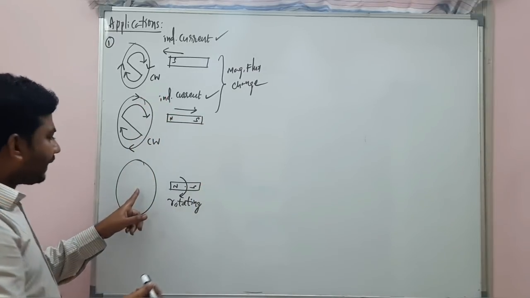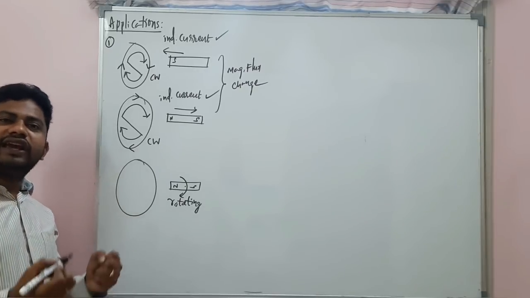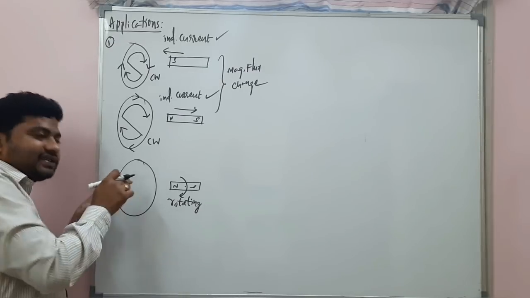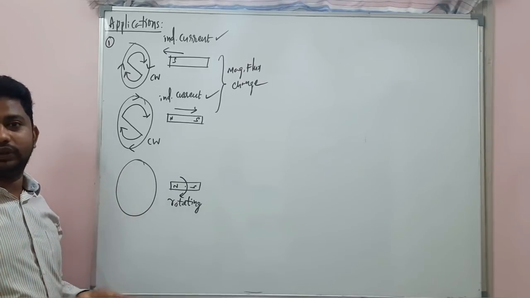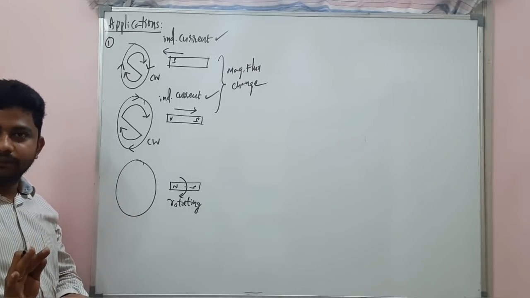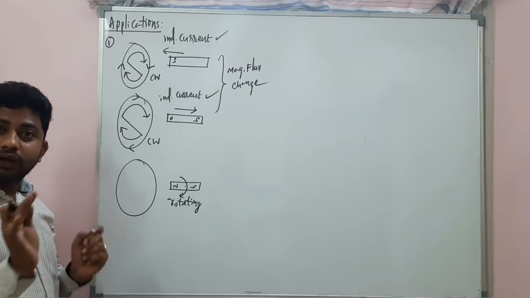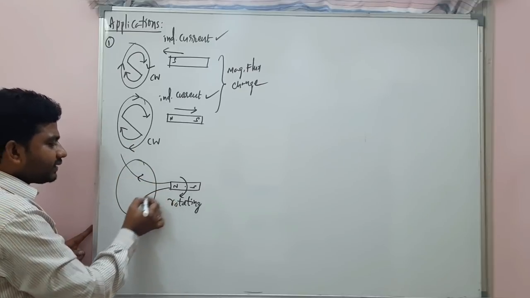Is there any magnetic flux change linked with this? Definitely there won't be any magnetic flux change. There is a magnetic flux linked with this, but the magnetic flux change will not be there. Okay, clear? Because constant magnetic field lines only will be passing through it.